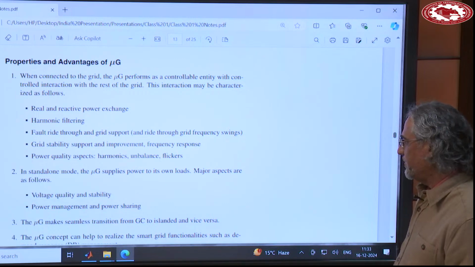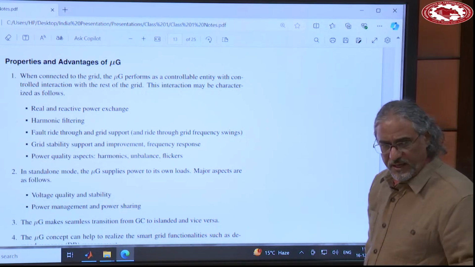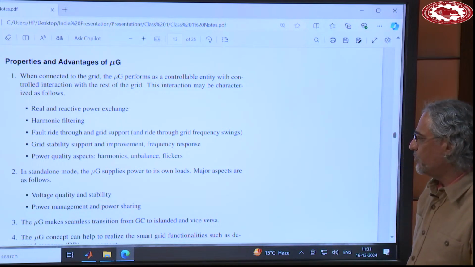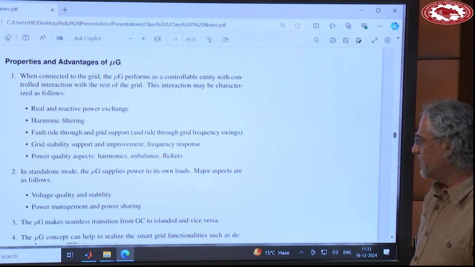to the power grid. And power quality aspects of this entity should also be studied in terms of harmonics, unbalance, flickers, and so on.